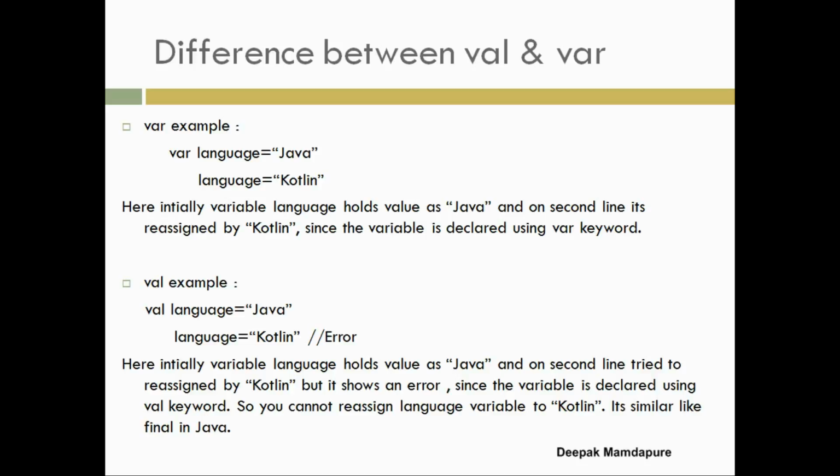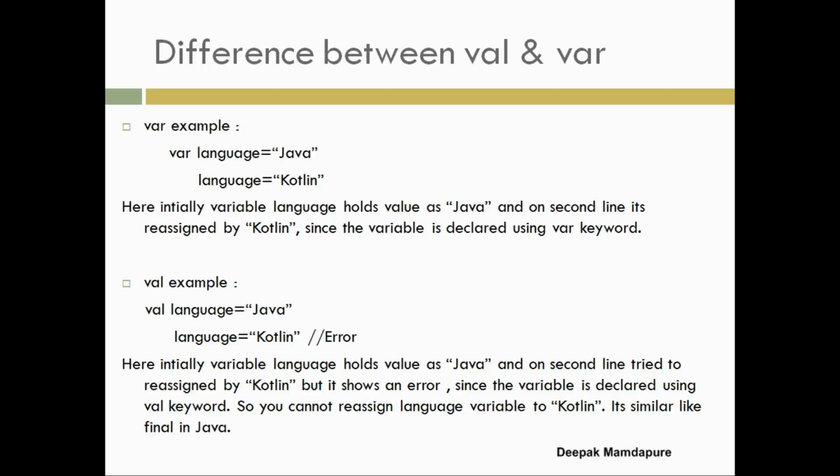Now coming to the val example. val language equals Java, and on the second line we try to reassign the value to that variable, but the compiler gives an error. Why? Since the variable is declared using the val keyword, you cannot reassign it to another value.